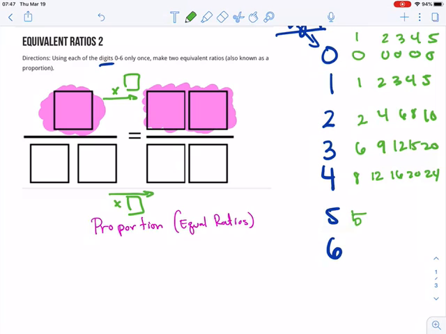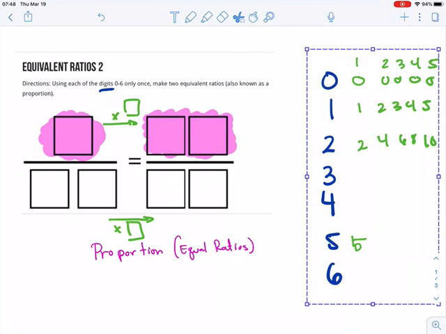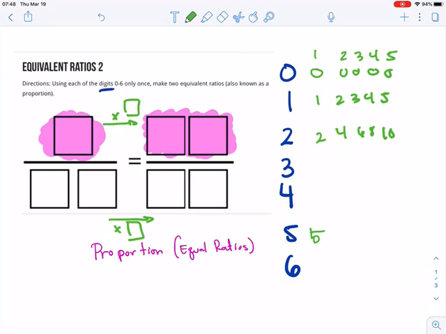5, oh, maybe I messed up here. I didn't even notice that I'm multiplying by 1 there. So these numbers are all too high, so let me fix that. Actually, let's erase these and scoot this over a little bit so I have a little more space. Okay.